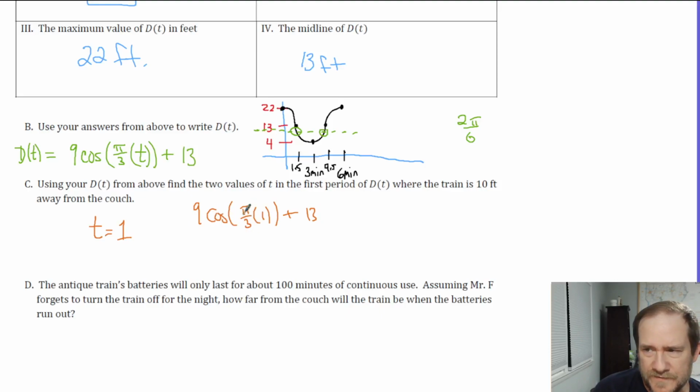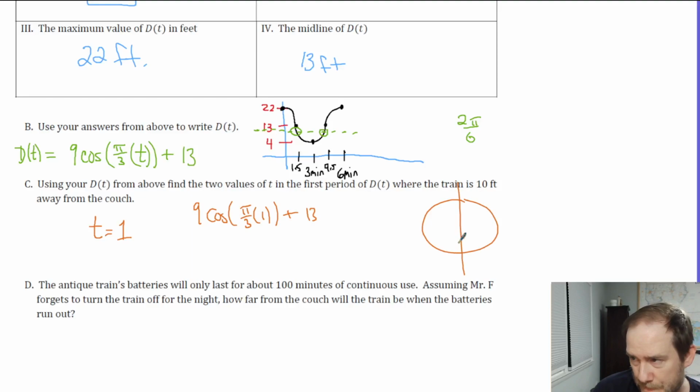It's the cosine of pi over 3. That's on the unit circle. Pi over 3 is like 60 degrees. So we are definitely supposed to know that the cosine there, the x-coordinate, is just a half. So this would be 9 times a half, so 9 over 2 plus 13, but 13 is 26 halves. So this is 35 halves.